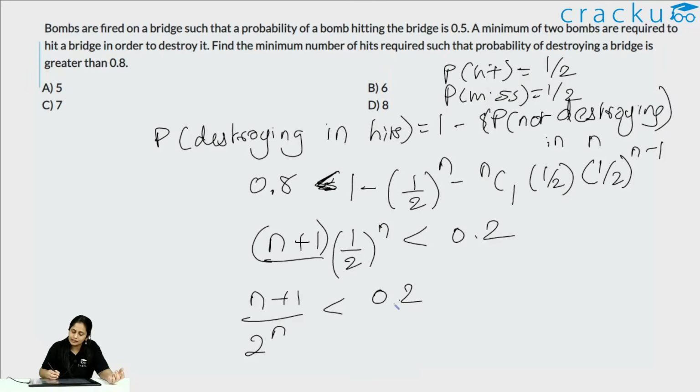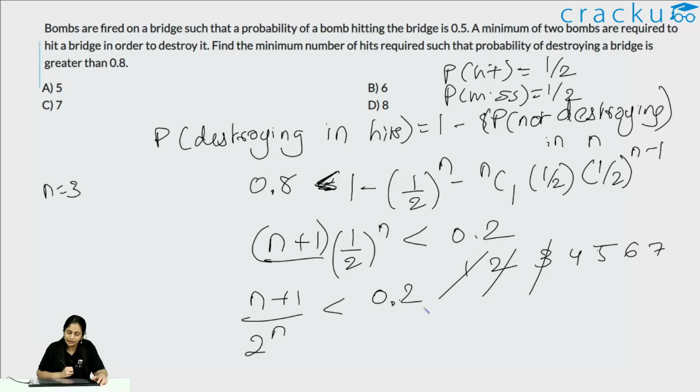Let us consider the scenarios 1, 2, 3, 4, 5, 6 quickly. I will just try to see at what point this inflection occurs. If n is equal to 3, this is 4 divided by 8, so that would be 0.5.